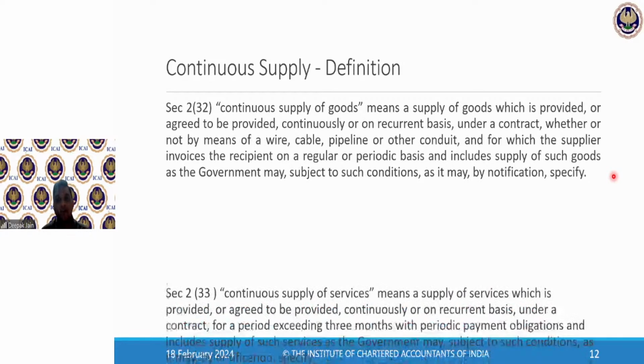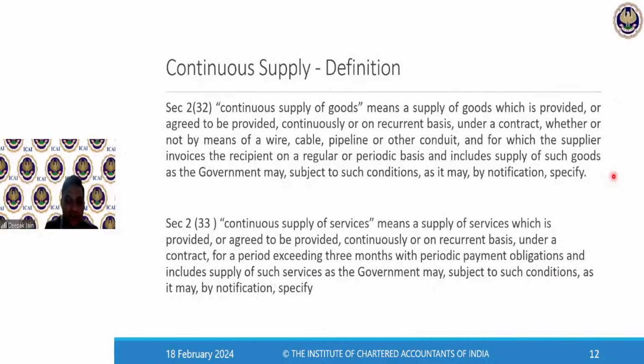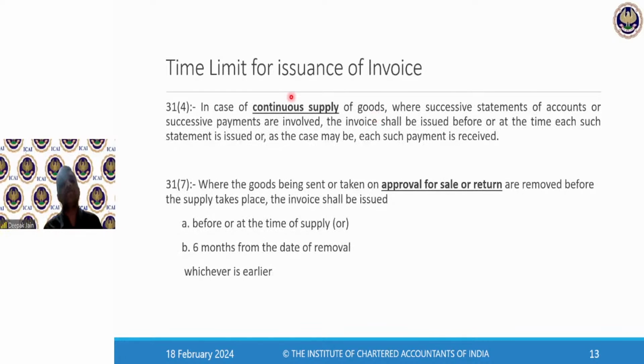Similarly, there is continuous supply of services, which we will deal with when we get to services. So what is the time of supply for a continuous supply of goods where successive statements of accounts or successive payments are involved? The invoice shall be issued before or at the time each such statement is issued, or, as the case may be, each such payment is received.